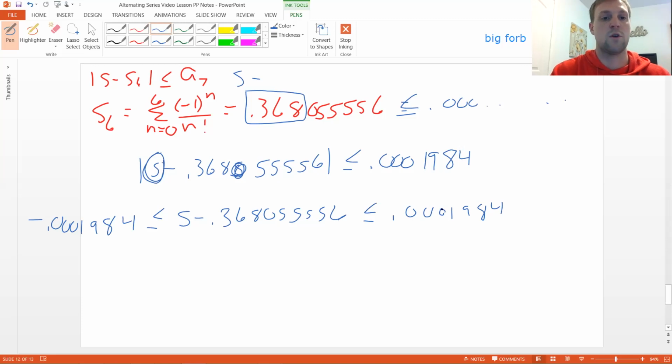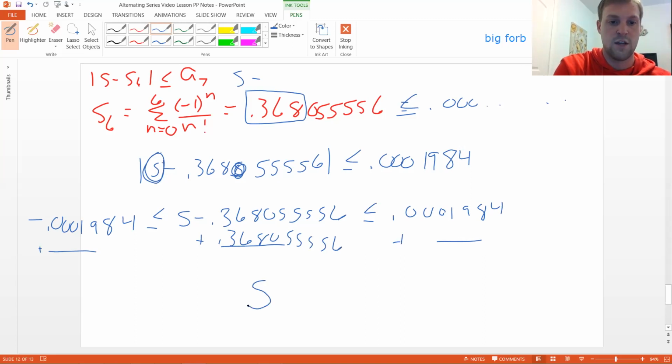Now, if I want to approximate my infinite sum, I'm just going to add 0.368055556 to both sides. When I do that and simplify, I know that my infinite sum is going to be between these two values.